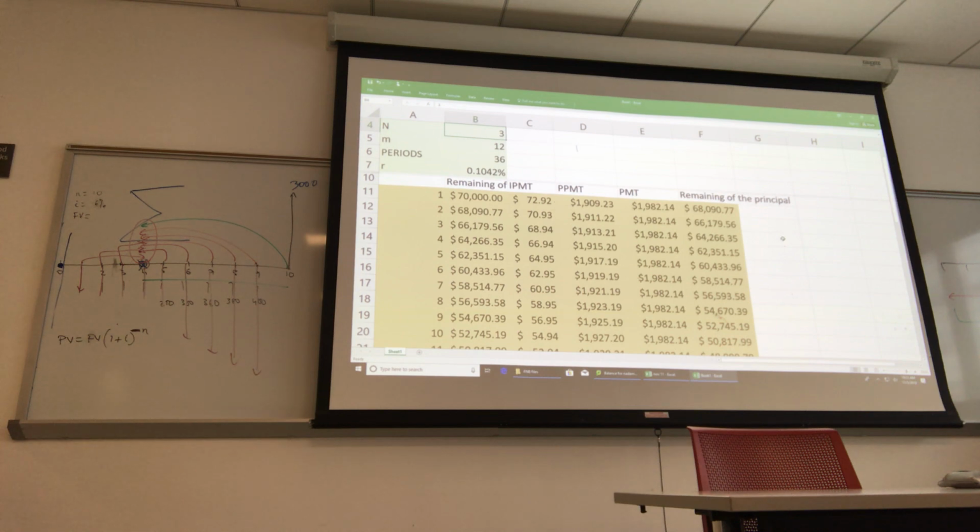Shorten the time, which means I can pay more. Or do exactly the opposite. After the 10th year, I want to extend the time of the loan for 3, 4, 5 more years. Or I can change the interest on the loan. Or I can do any combination of the above.